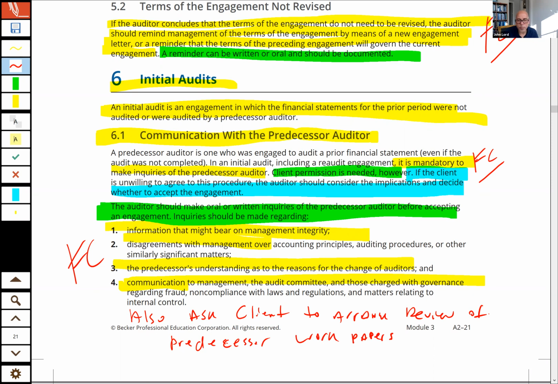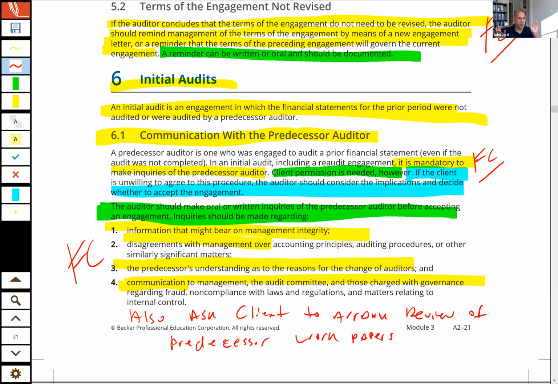Okay, the work papers belong to the auditor, but you're probably going to want to review the predecessor's work papers, but you don't just call the predecessor up and say, hey, let me look at them work papers. I'm going to be over there tomorrow, Joe. You first have to ask the client to ask the predecessor to let you look at their work papers. And then when you go and you look at the predecessor's work papers, you're probably going to go to their office.